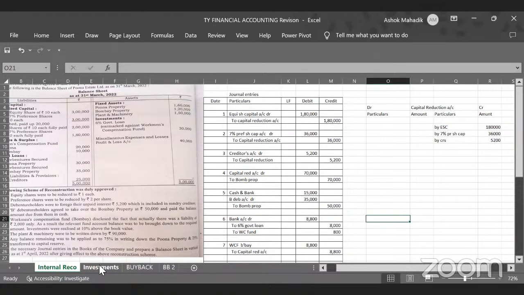Next is buyback of shares. Write short notes on sources of buyback of equity shares.